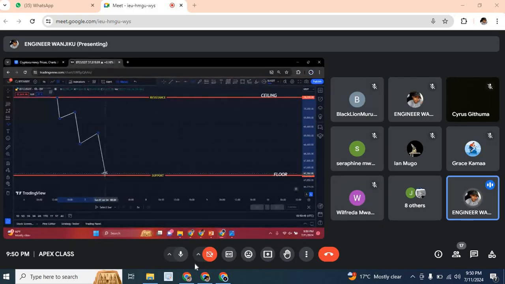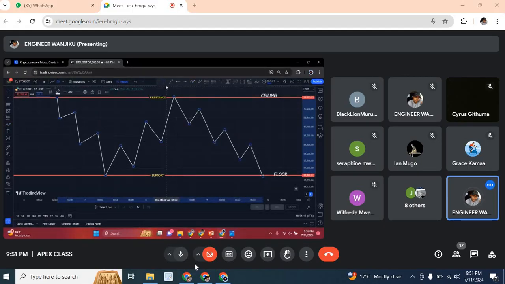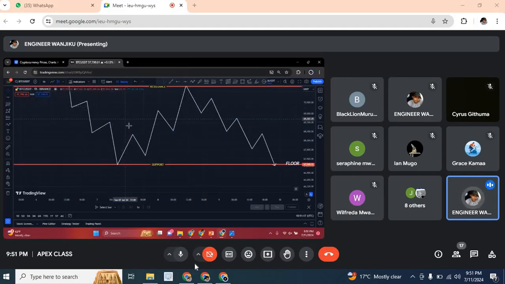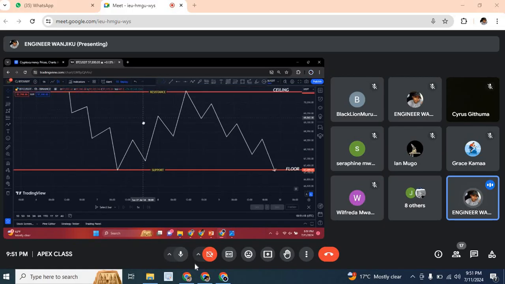And when the ball reaches the ceiling, we expect the ball, after hitting the ceiling, to come down like that. From that understanding, you'll be able to describe what a support level is and a resistance level is.